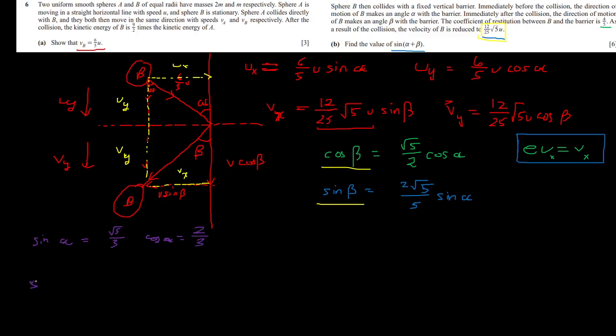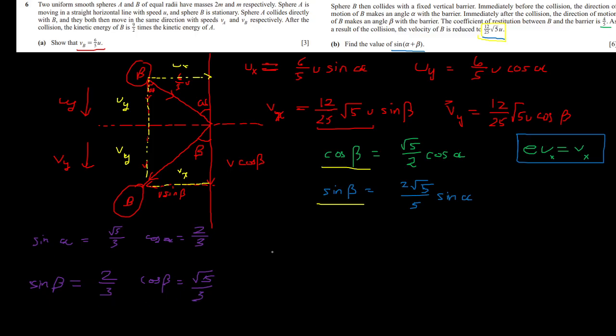Now sine beta equals to, now let's find out sine beta. Since we know sine alpha, I think you're going to be getting 2 by 3, and cos beta should be equal to 2 by 3 times this, so cancel, root 5 by 3. Okay, perfect. So we have 4 values.